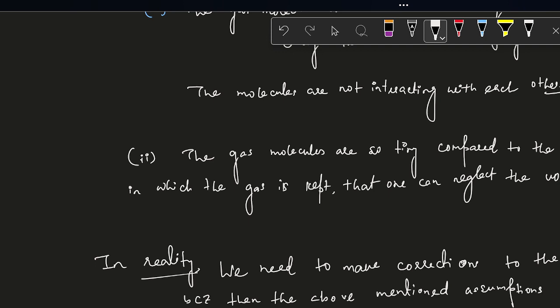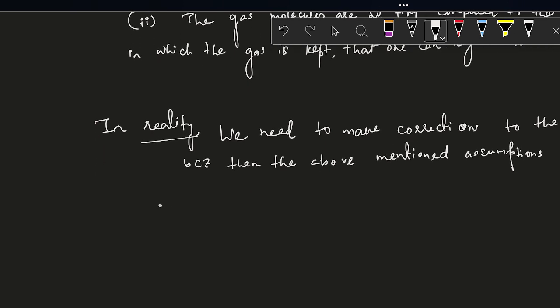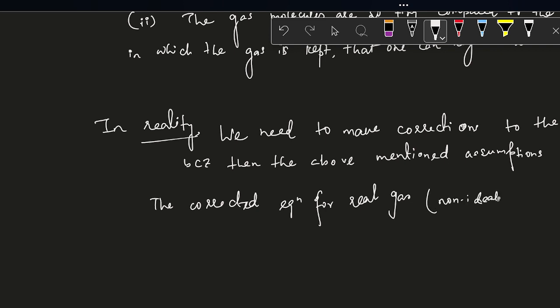So that's where we introduce the corrected equation for real gas scenarios which are non-ideal, which is the van der Waals equation of state.